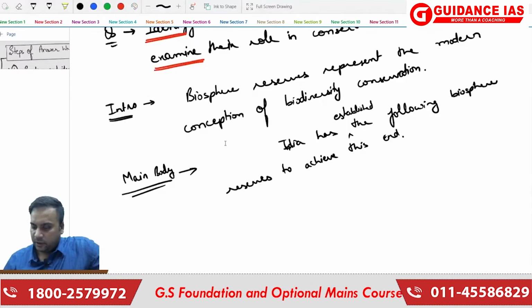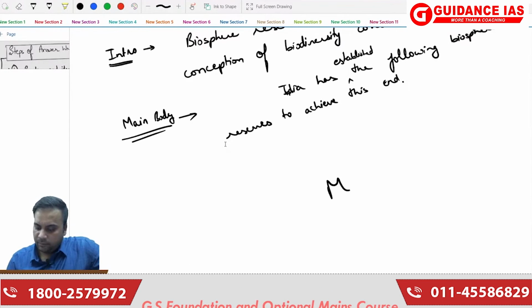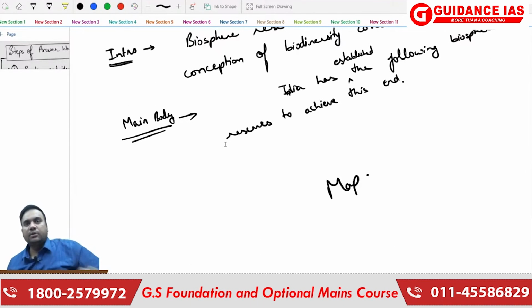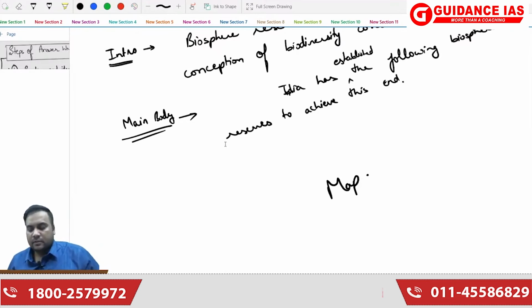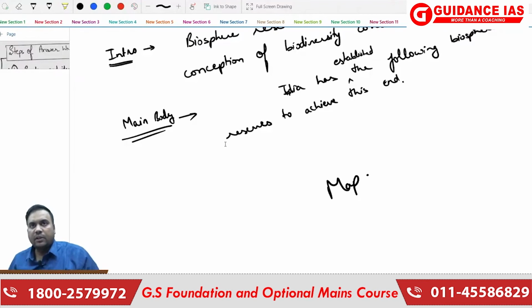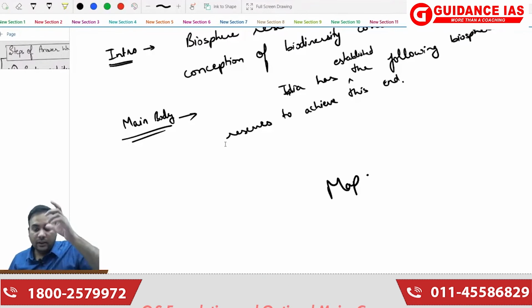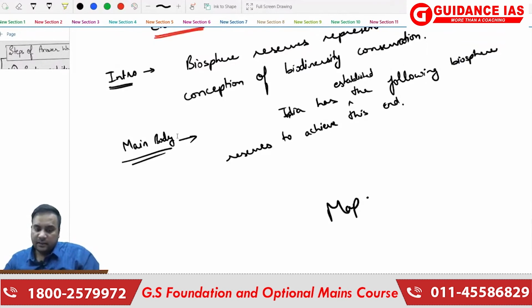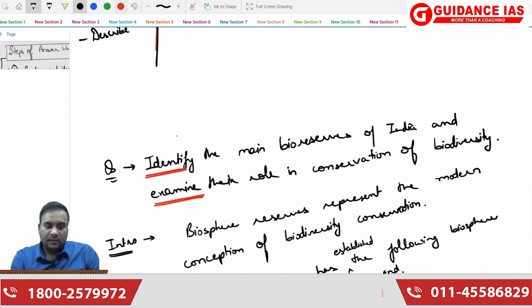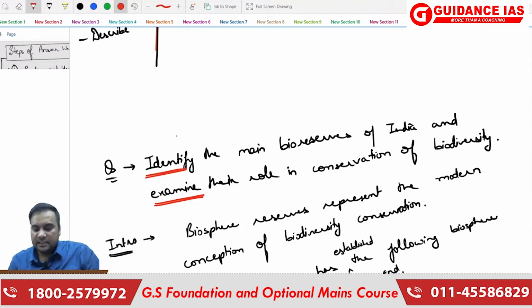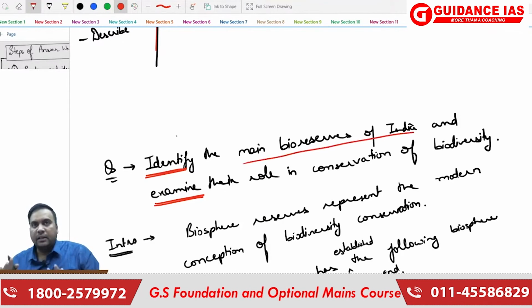And here what I will do, I will make one map of India and I will show the most important biosphere reserves of India. Okay, and in this also look, what was one keyword: is it asking all or the main important ones?